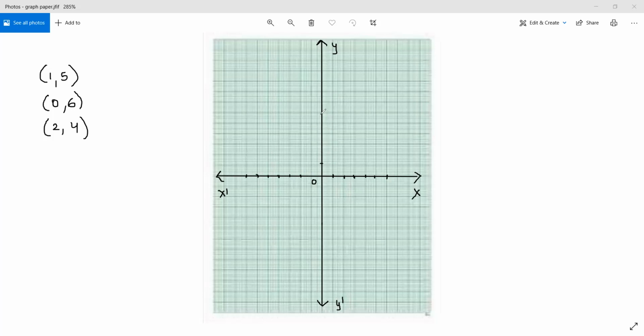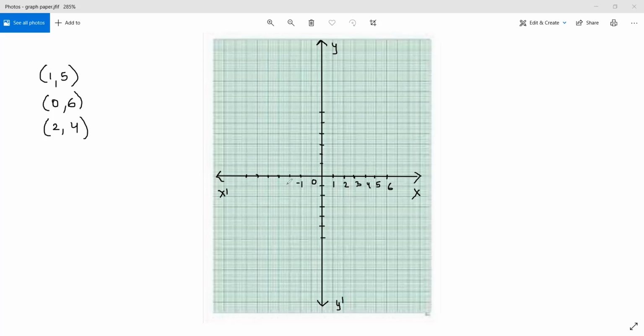Otherwise, if you mark only 6 on the positive y-axis and lower numbers on the other side, it's completely fine. 1, 2, 3, 4, 5, 6. Downwards, 1, 2, 3, 4, 5, and 6. So let us write the numbers now. Positive numbers here, 1, 2, 3, 4, 5, 6.